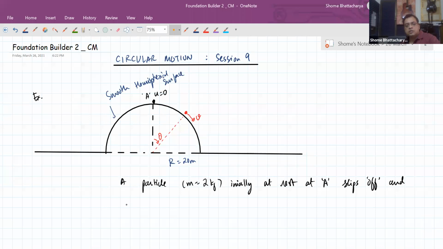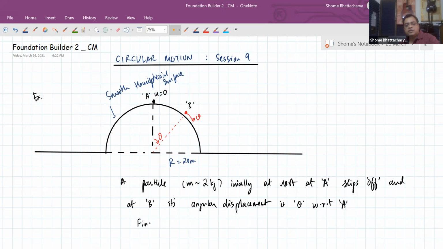And at the position, let's say B, its angular displacement is theta with respect to the initial position A.